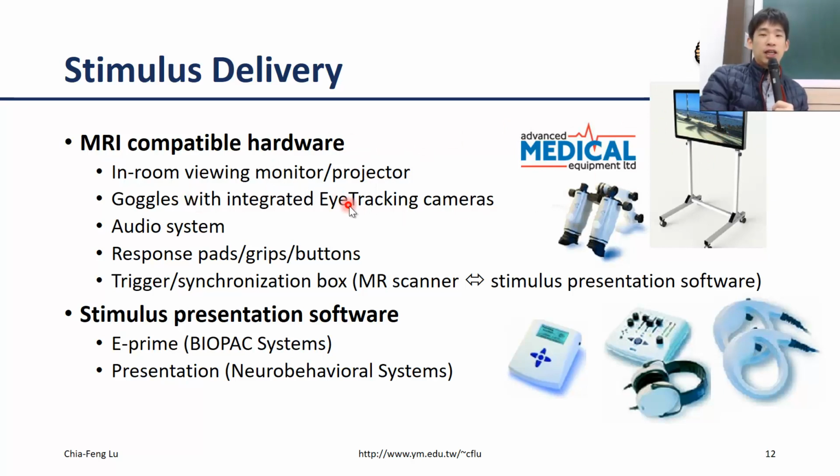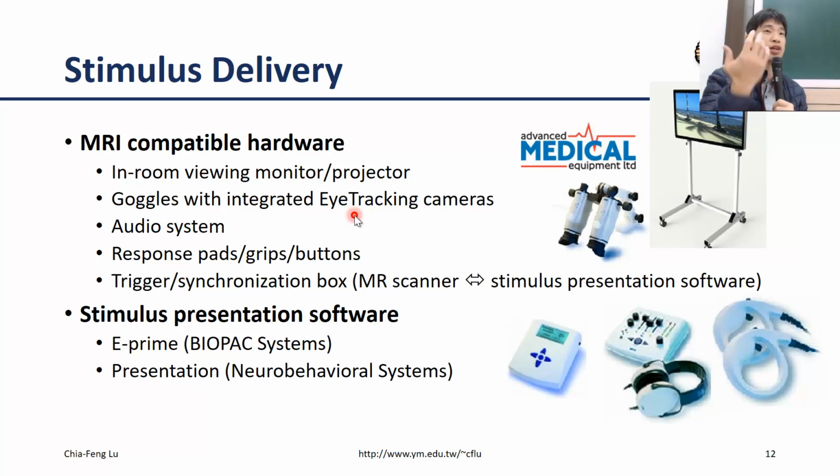Okay. And another one is the goggle. If you don't want to use the projector, you can use a goggle, like a head-mounted display. Using the goggle, you can also integrate a set of eye tracking cameras, so you can determine whether the subject is looking at the target.